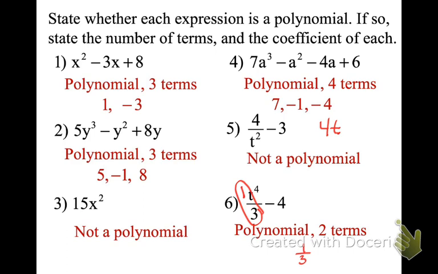Because the variable is in the denominator, it means it's 4t to the negative 2 power. What is the definition of a monomial? Whole number exponents. Is this a whole number exponent? No. So if it's in the denominator, it means it's a negative powered exponent, so it is not a polynomial. It's not a monomial. Questions? All right, let's move on.